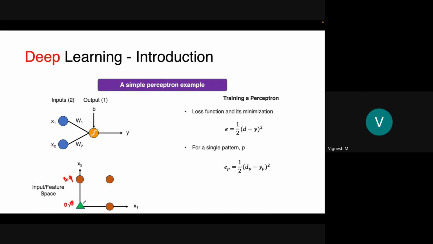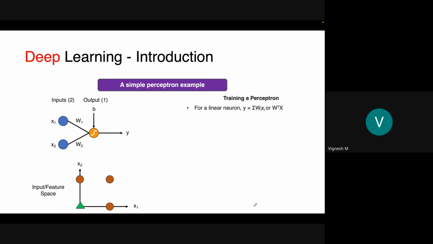In this case it's 0, in this case it's 1. When the network is initially untrained, we'll have an error. And this sum over all patterns P of the errors is basically your cost. Pretty simple.